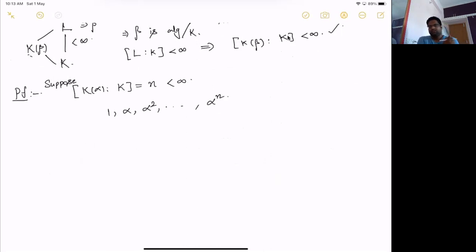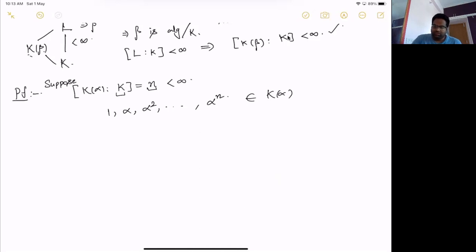These are elements of the vector space K of alpha over K. Now K of alpha considered as a vector space over K has dimension n. We know that if you take at least n plus 1 elements in a vector space of dimension n, they must be linearly dependent.